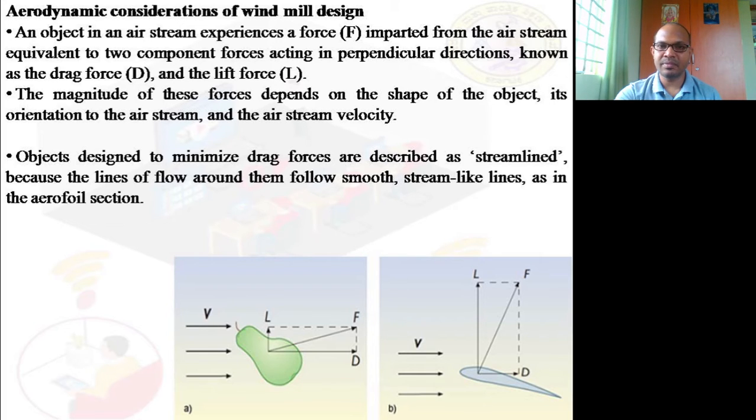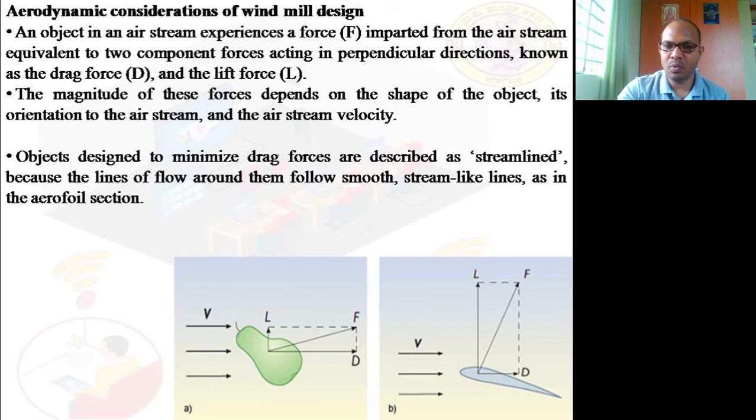Objects designed to minimize drag force are streamlined, because the lines of flow around them are smooth and streamlike, as in the aerofoil section.